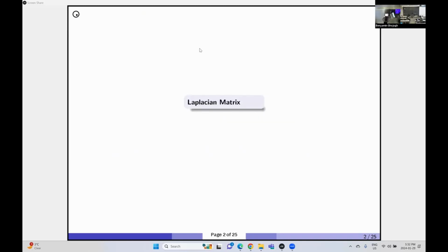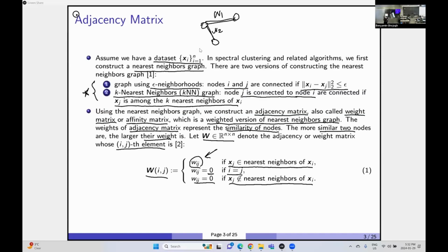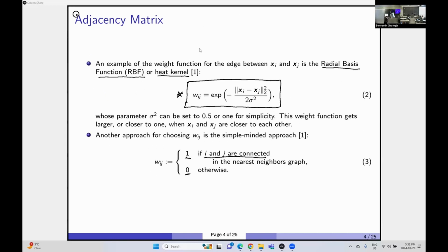So we talked about the Laplacian matrix in the previous session. We said that we have the adjacency matrix for showing how the points are close to each other or neighbors of each other, right? And the elements of the adjacency matrix measure the amount of similarity of the points, right?